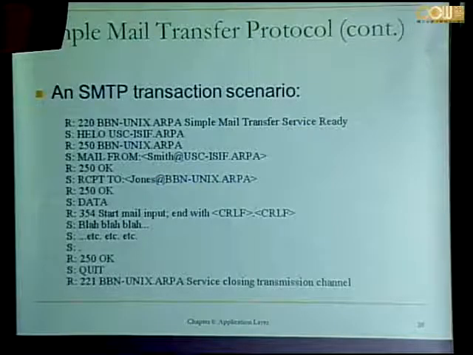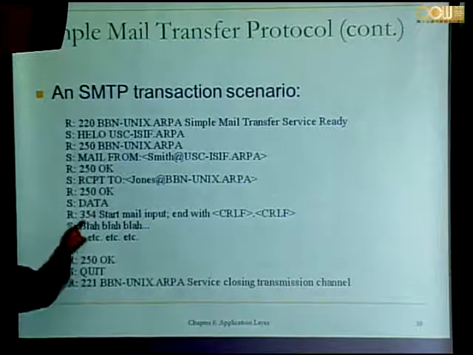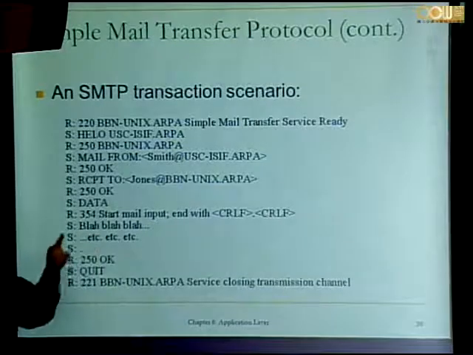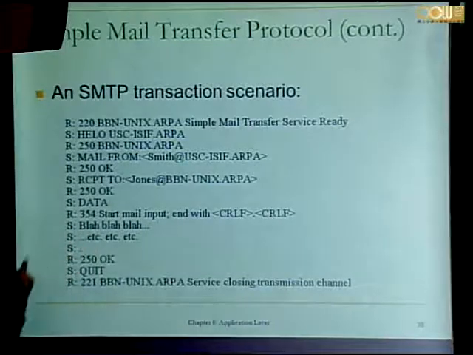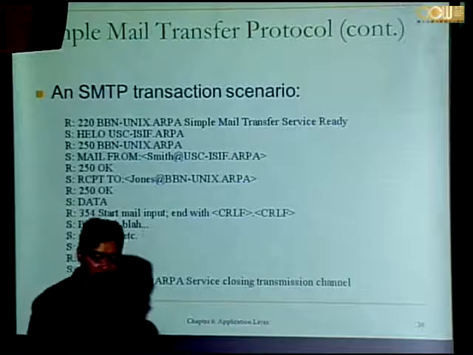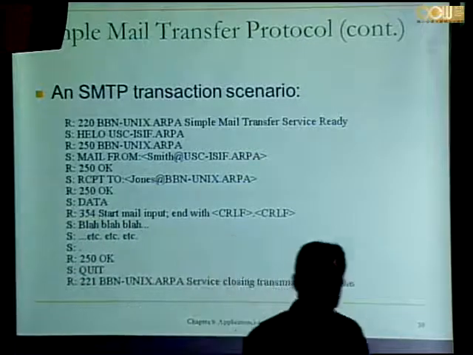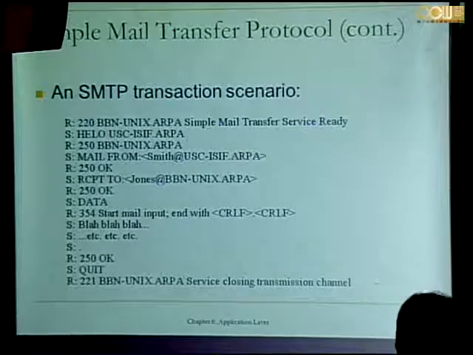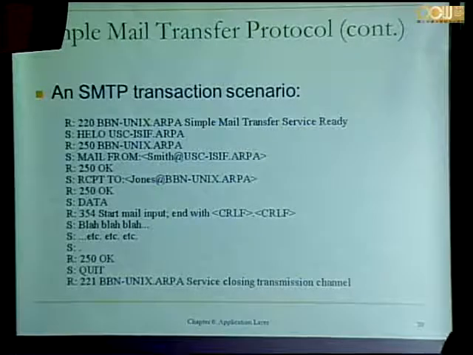So throughout the process, you see a sequence of command responses. Those are control messages, right? Except these are not. These are data messages. These are the actual mail, which are data messages. So in effect, we are mixing control message and data message together in one connection. Okay, so that's in-band signaling.